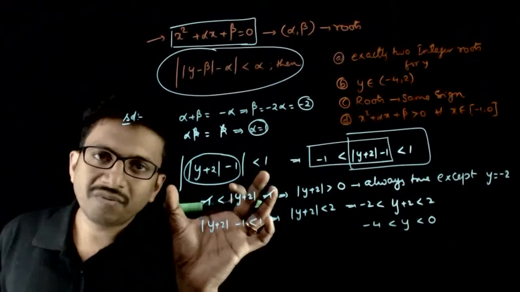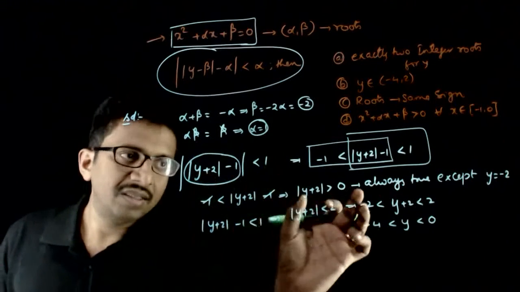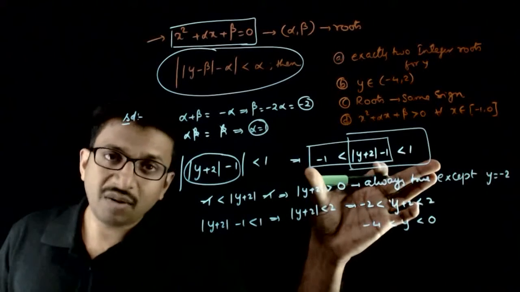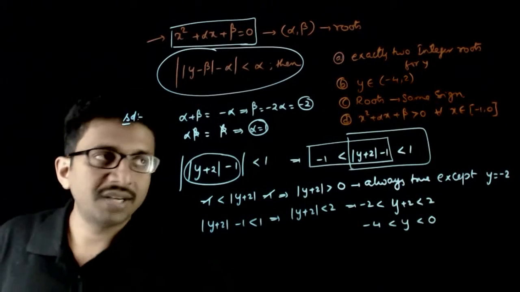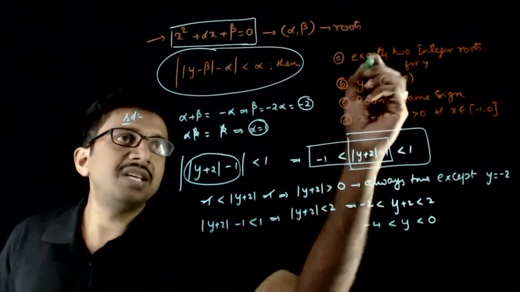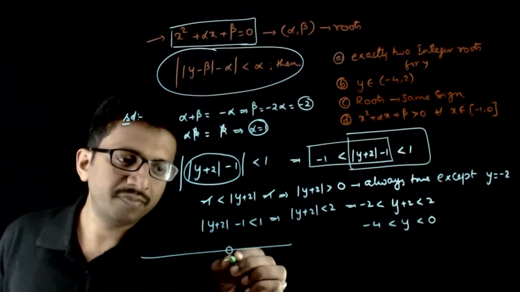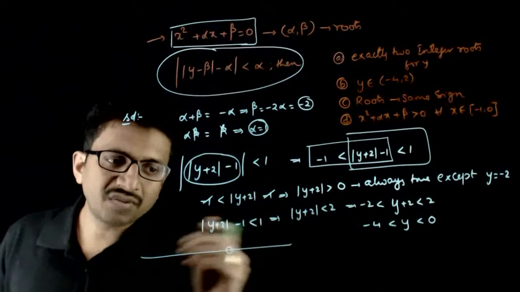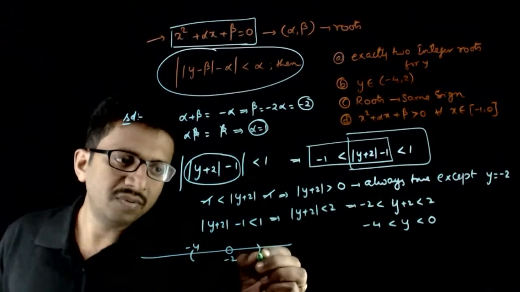So what is the solution of this? The inequation is satisfied if the first part as well as the second part are satisfied. The solution of the first is all real numbers except minus 2, and the solution of the second is minus 4 to 0.